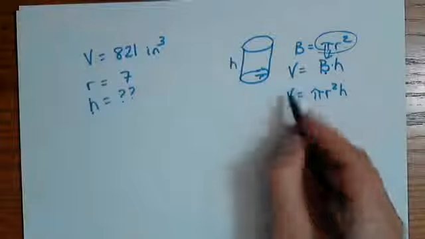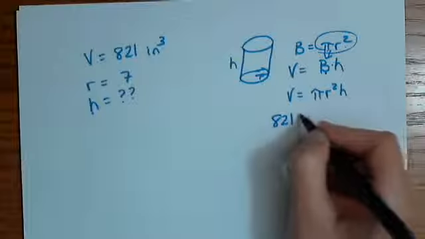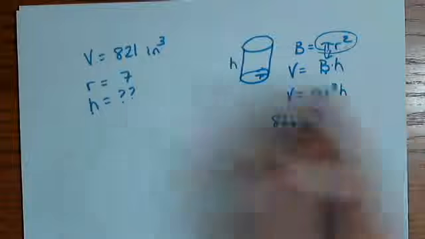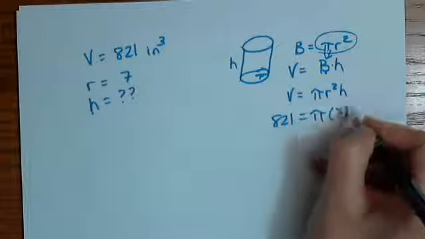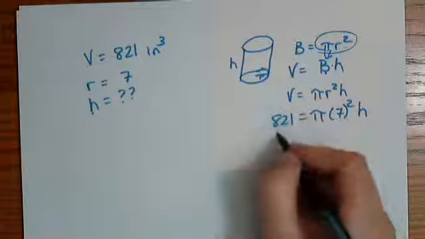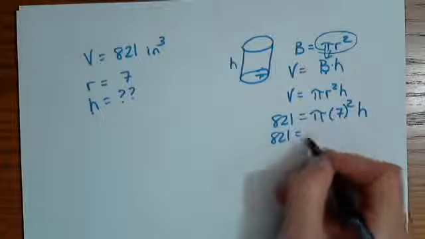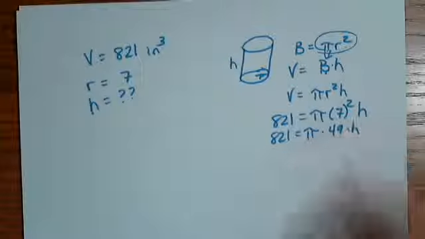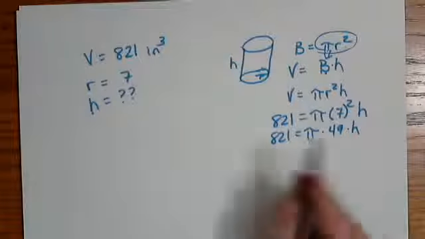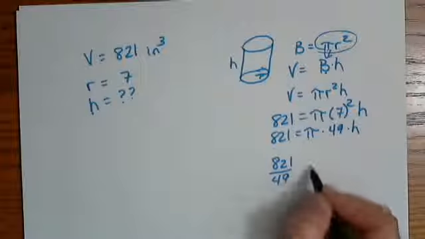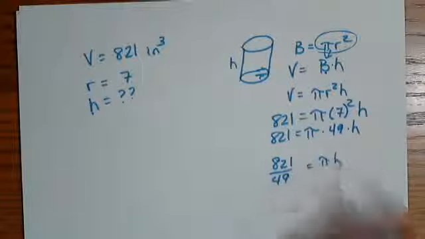So 821 equals pi. Well, we know that. Do we know r? It says r is 7. So 7 squared times h. Let's see. That's 821 equals pi, whatever that is, times 49 times h. Well, I could divide 821 by 49, and then I will have pi times h.